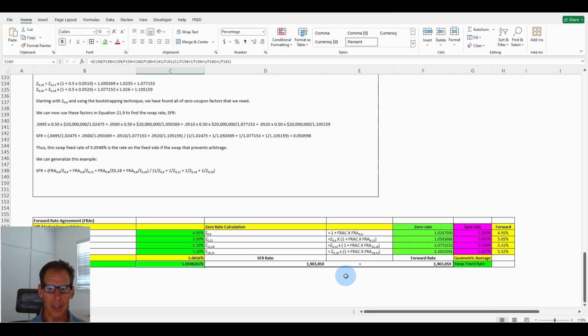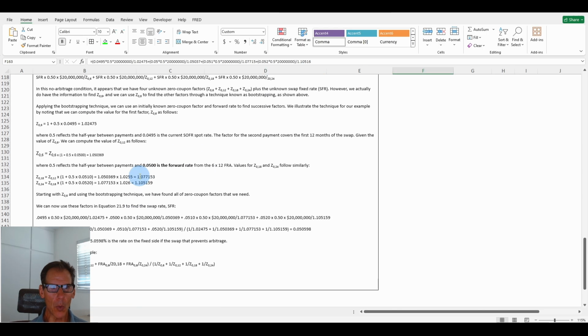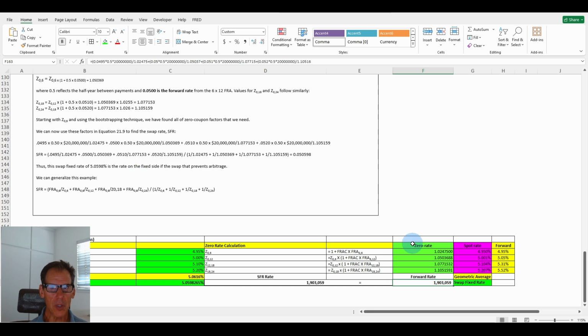In the end, I was using this number here to equate this. We're going to use this 05598 here. See this? 05598 to come up with this SFR rate. And then for the forward rate, we're going to use the forward curve, the term structure, and they need to equal each other.